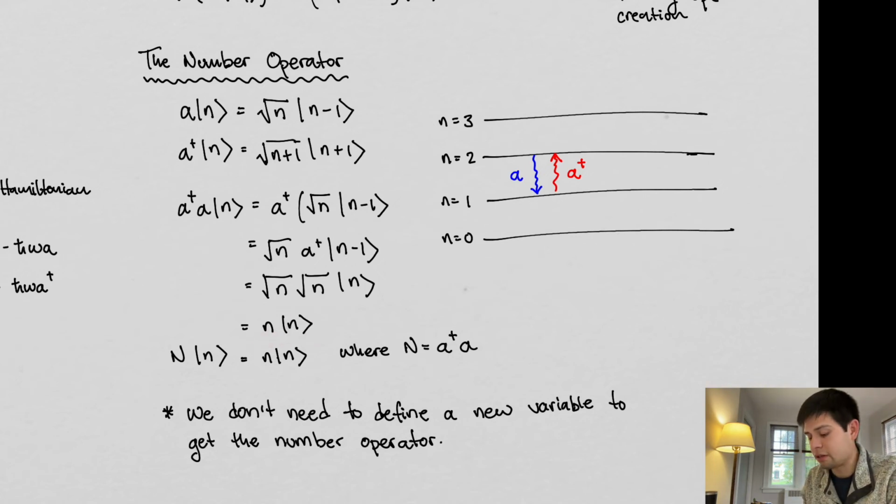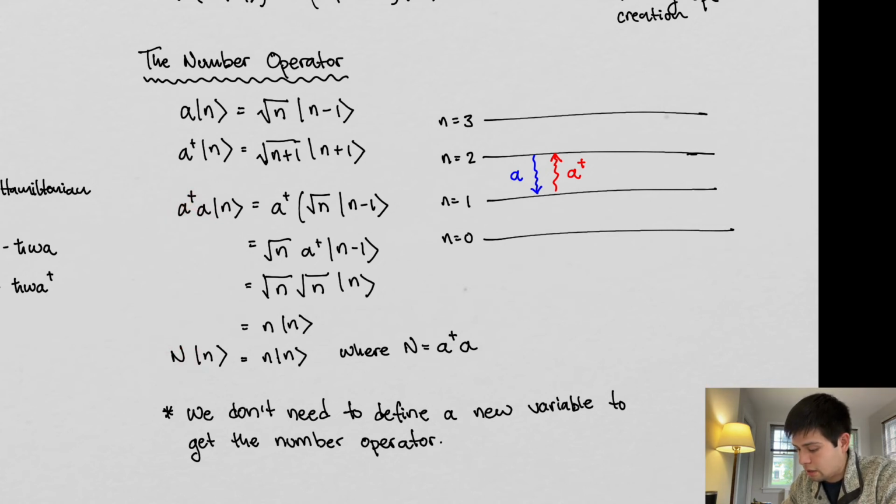So that's interesting, right? So we have n times n, or times the state n, or the state that n describes. So we're calling this a number operator, right? So these two guys bunched in with one another is what's called the number operator.